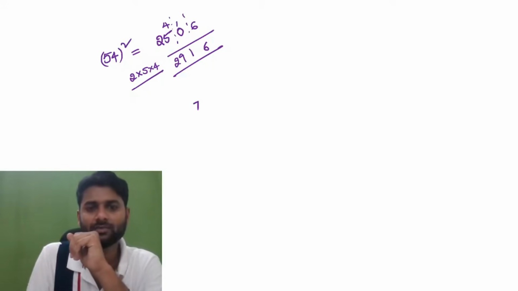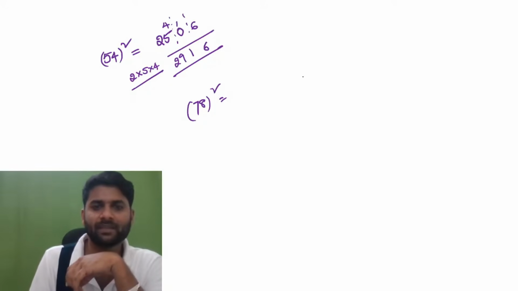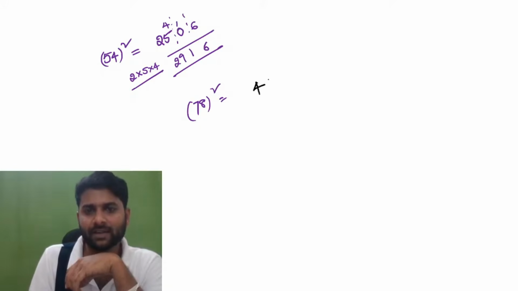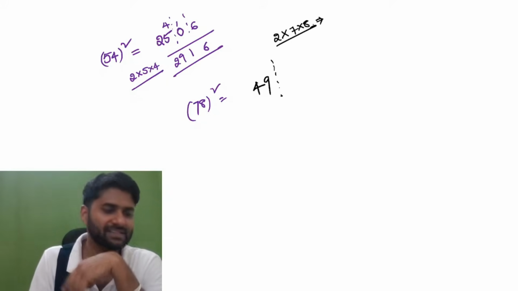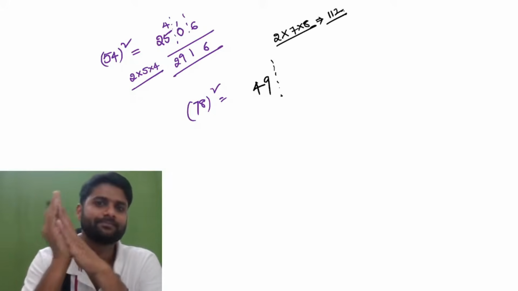Let's go for one more. 78 square. What is the answer for 78 square? Now 7 square is 49. 2ab is all about 2 into 7 into 8. You know that 7 into 8 is 56. Double of 56 is 112.